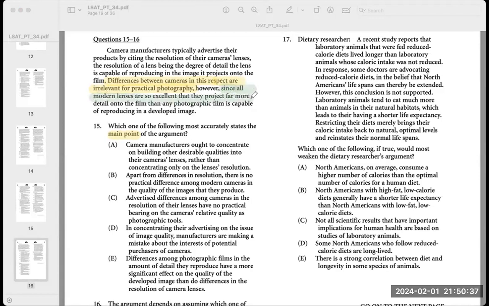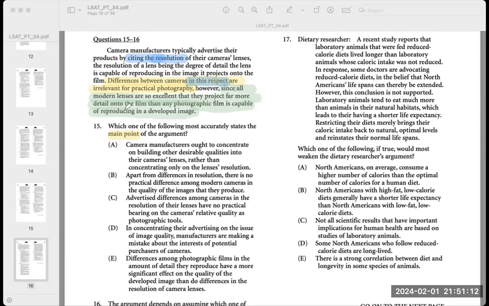So all of this would be support, and it supports what I have in yellow there. It supports that the differences in resolution, right? That's what they're referring to when they say in this respect. In what respect? In respect of the resolution of the lenses being cited. So that's irrelevant. That's really what I would want to focus on.